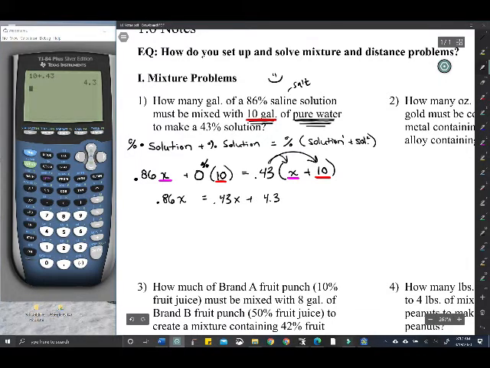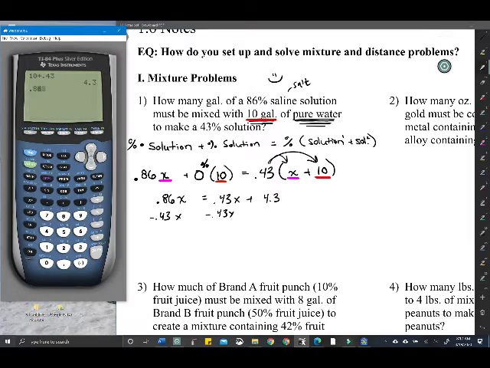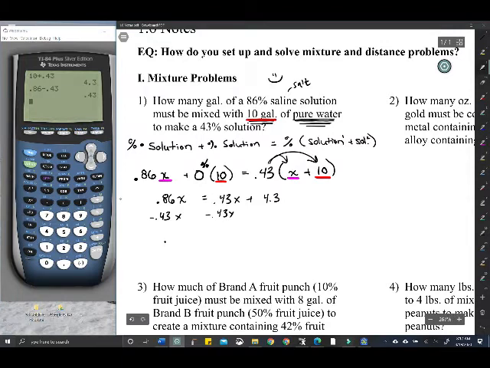And the idea is to solve for x. So minus 0.43x from both sides: 0.86 minus 0.43 is equal to 0.43, so 0.43x is equal to 4.3.